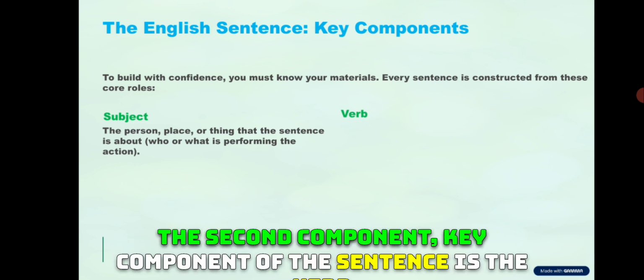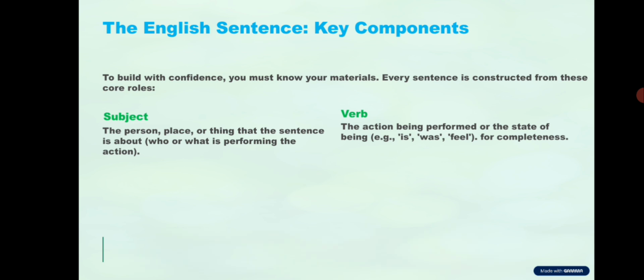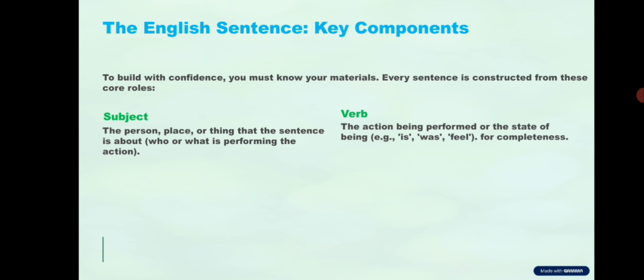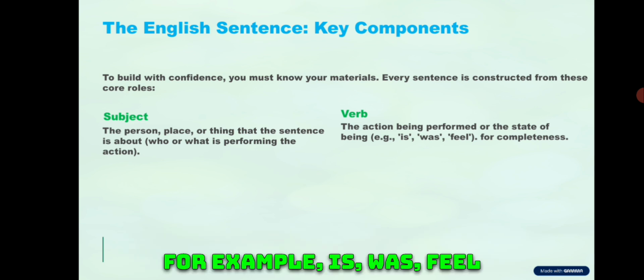The second key component of the sentence is the verb. And the verb is about the action being performed or the state of being. For example, is, was, feel.